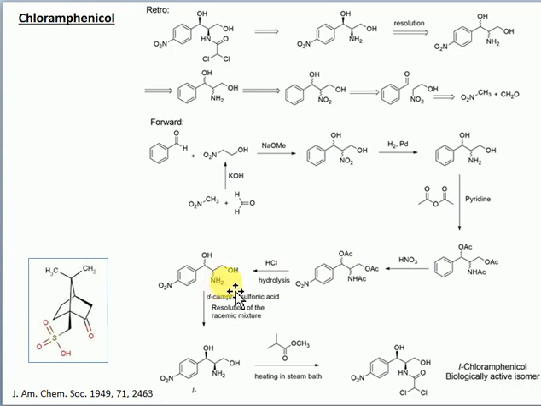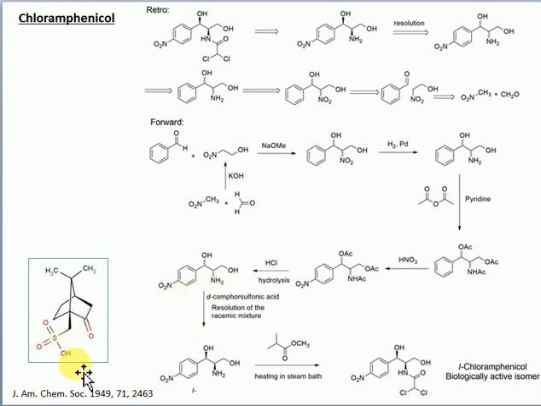This is then resolved by D-camphor sulfonic acid. D-camphor sulfonic acid is an optically active, naturally occurring acid with a sulfonic acid functional group. So this will form a diastereomeric salt with this amine.